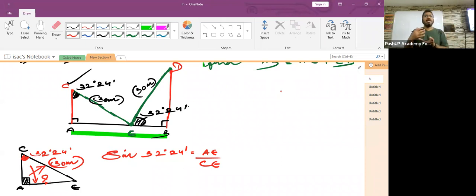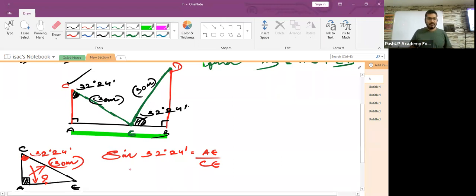Because the value of sine, cos, or tan for any non-standard angle is going to be a 4 decimal digit number, isn't it? So dividing a 2 or 3 digit number with a 4 decimal digit number takes a lot of time to solve, and you end up making mistakes also. So here I think you have got a hint. You may have to divide, isn't it?